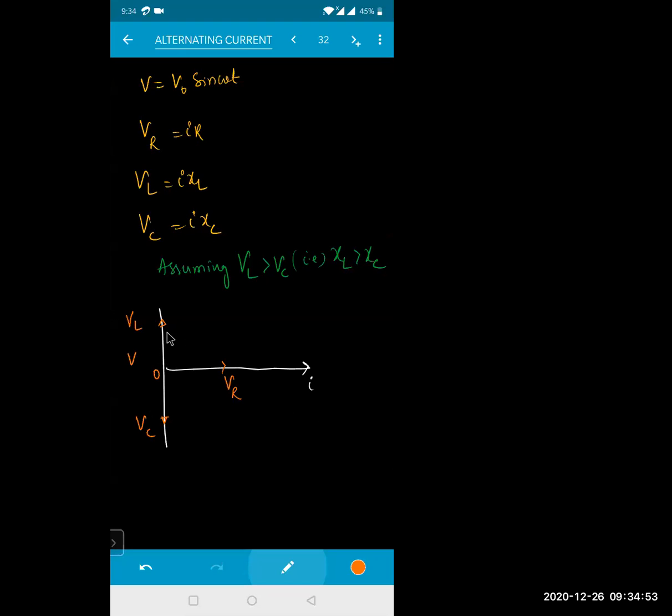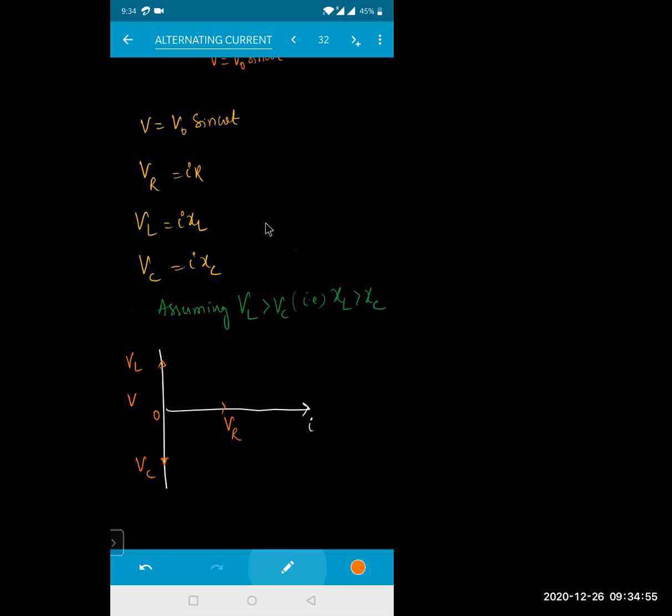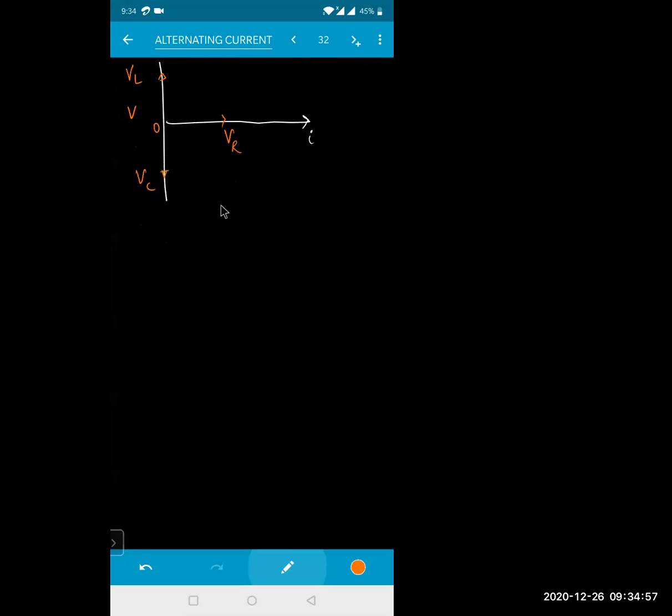VL is greater than VC, so will the resultant go upward? So I can draw this diagram something like this. See here. Can anyone tell me, VL is greater than VC, so what happens here? VL minus VC comes here, and this one is your VR in this direction.